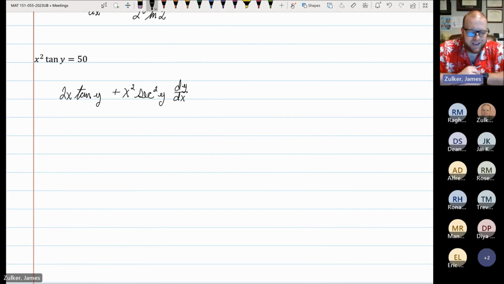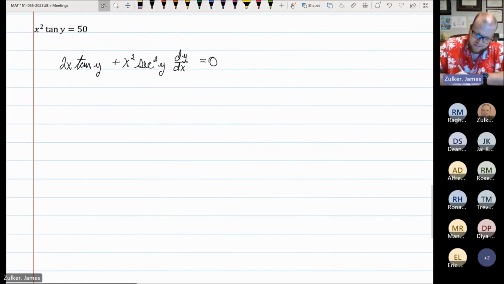So the derivative of x squared times tangent of y would be 2x tangent of y plus x squared times secant squared of y times dy dx. That equals the d dx of 50, which is just 0. Isolate dy dx terms. There's, again, only one of them.